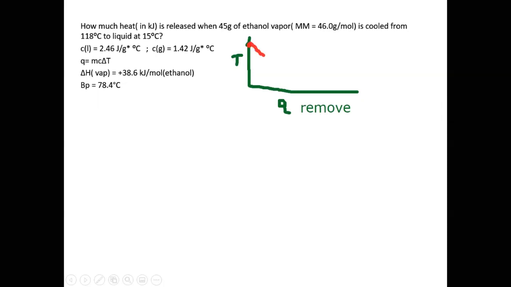As we're cooling it, we have a slant because we're decreasing the temperature until it gets to its first phase change, which is the boiling point, at 78.4 degrees Celsius. So we started at 118. Once we get to 78 degrees Celsius, we have a plateau. It's flat until all the gas is condensed into liquid. And then we continue to decrease temperature until we get to our final temperature, 15 degrees Celsius.